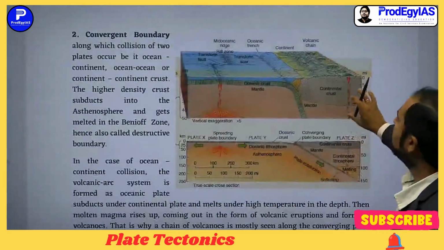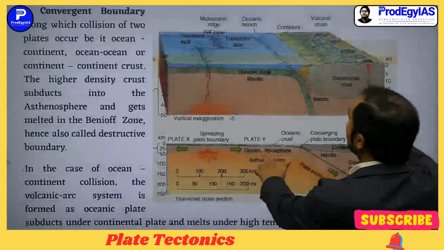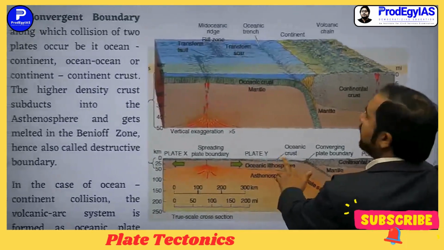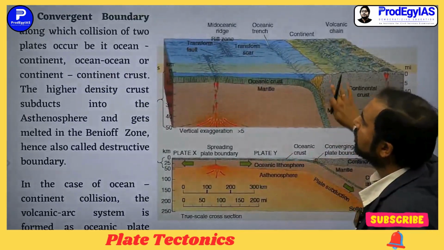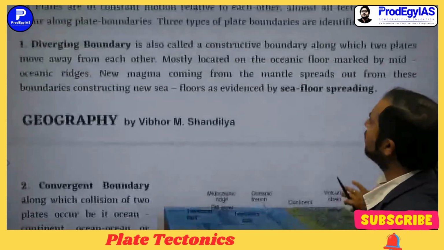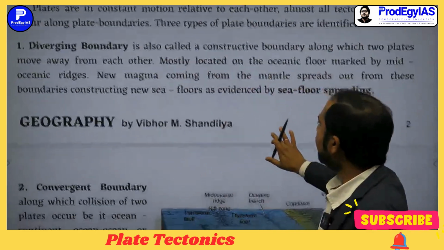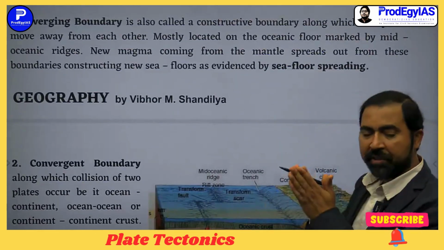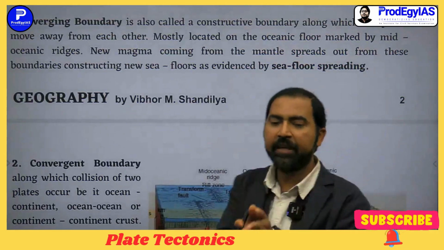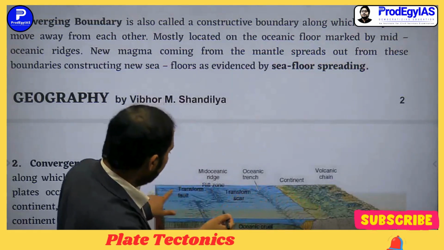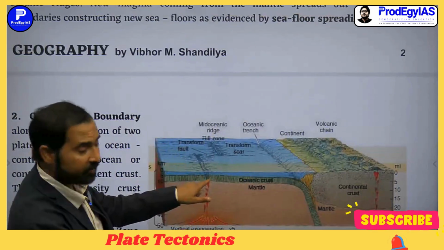Now come to these diagrams. We'll start with the first, the diverging boundary. Diverging boundary is nothing but the mid-oceanic areas, mid-oceanic rift areas. You can see here also like this.